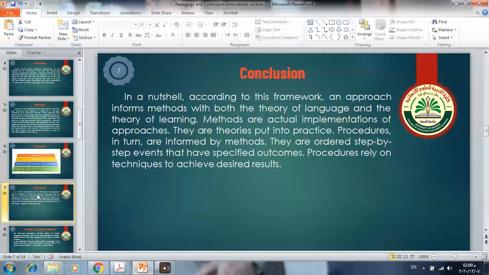They are theories put into practice. And procedures, in turn, are informed by methods. They are ordered step-by-step events that have specified outcomes. Procedures rely on techniques to achieve desired results.